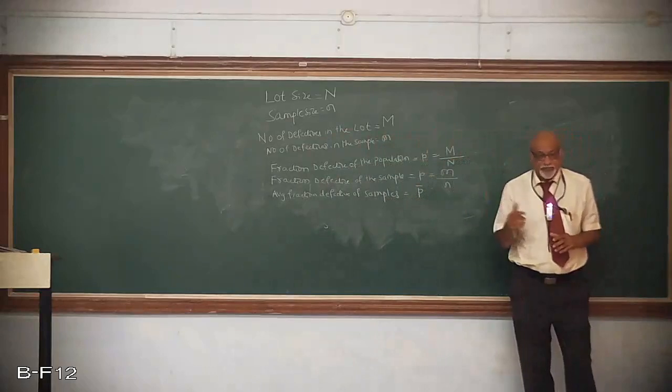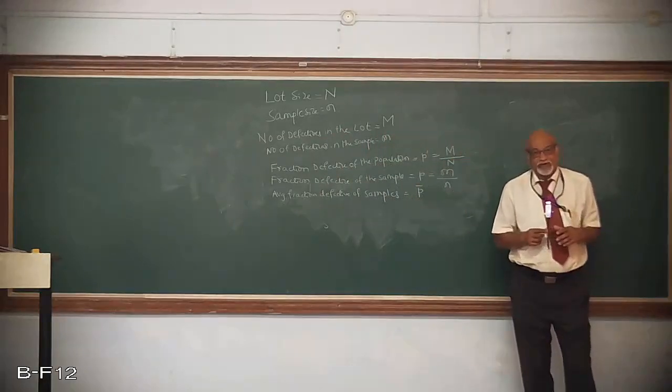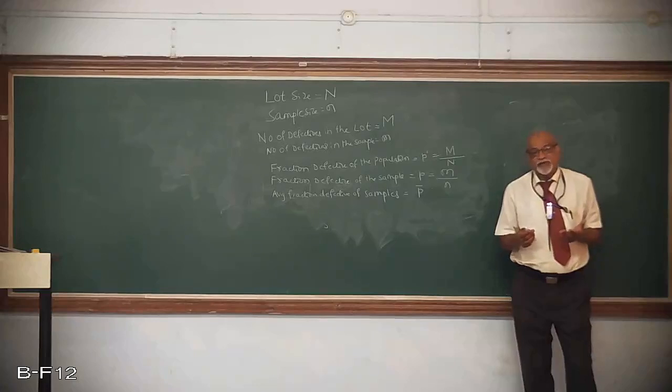That is what I told you. So, for example, the producer claims that out of 1,000 items, it is 5% defective. 5% defective means how many? 10% defective means 100. 5% defective means 50.